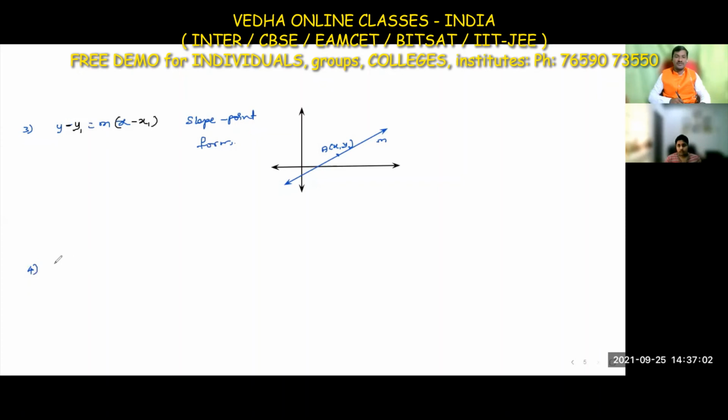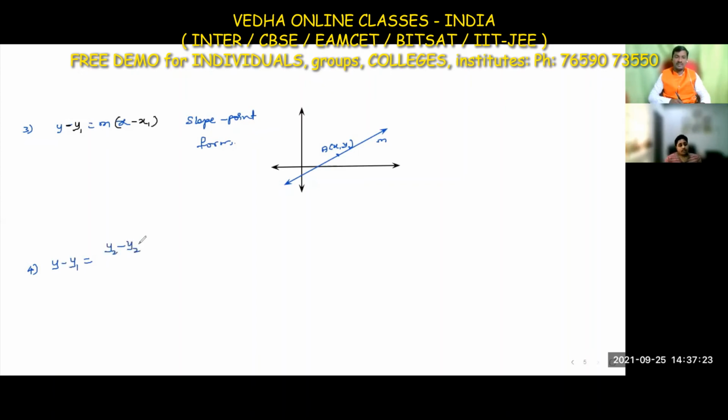Another one: similarly, I am writing once again y minus y1 equals m into (x minus x1). M is nothing but the slope formula.